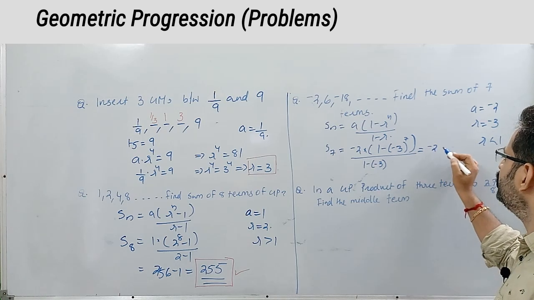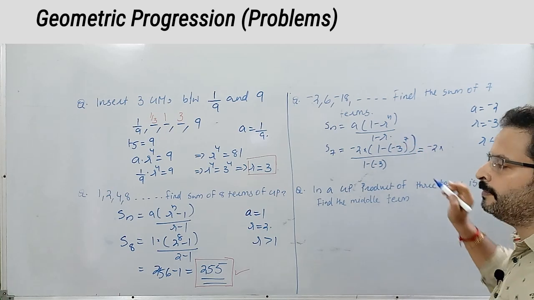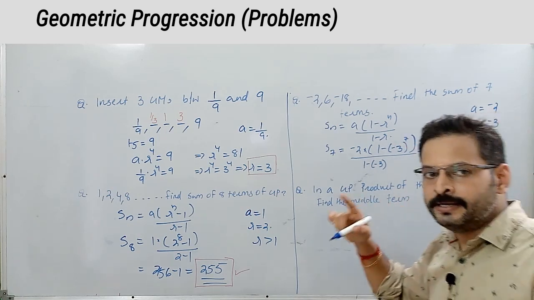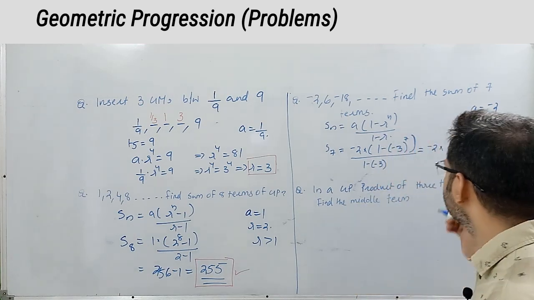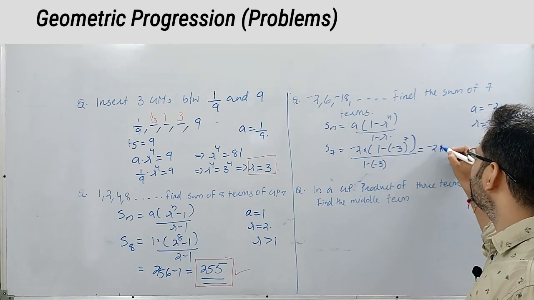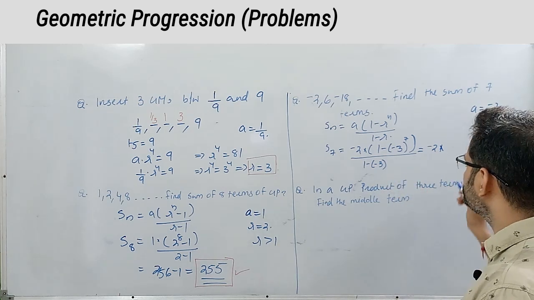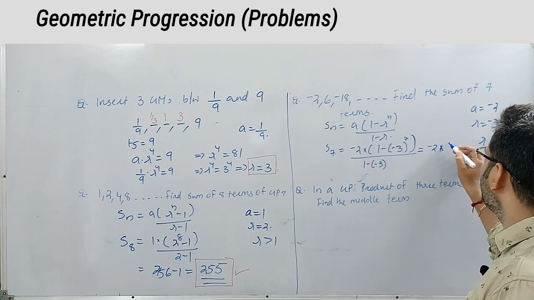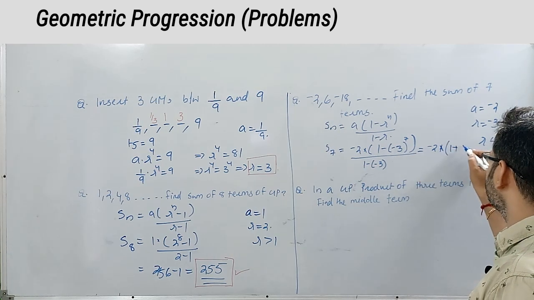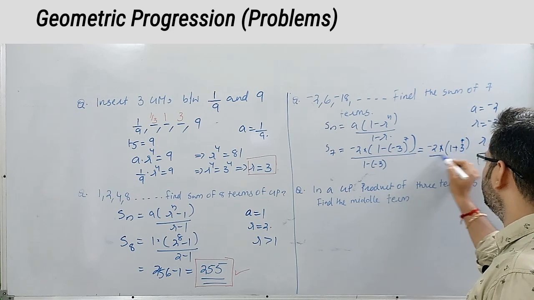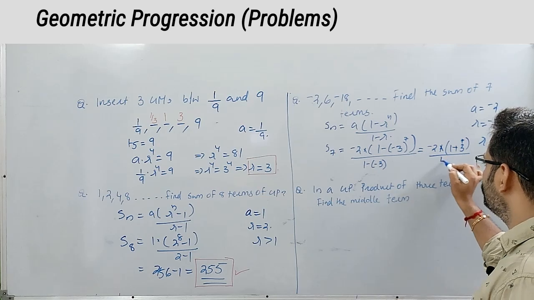Minus 2 into minus 3 raised to 7 will be a negative value, because multiplying a negative number 7 times we will get the answer as negative. That means minus 2 into 1 plus 3 raised to 7 divided by 1 minus of minus 3, that means 4.